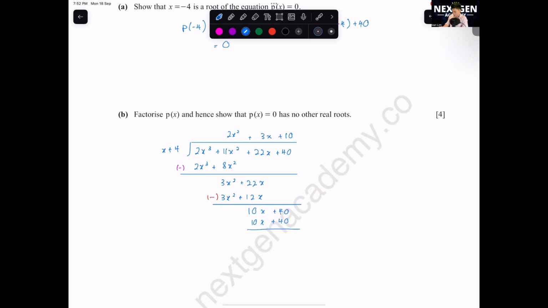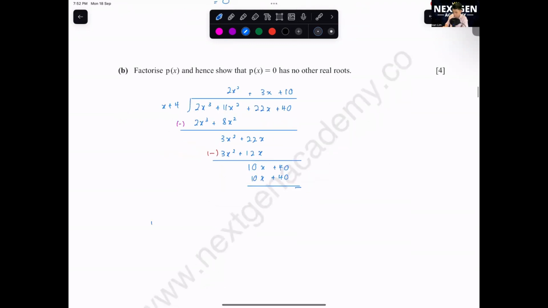10x plus 40. How can we prove that this is the only factor? So we will write it like this: 2x squared plus 3x plus 10. How do I prove that this is the only factor and that I cannot do anything else to it? We have to show the working.